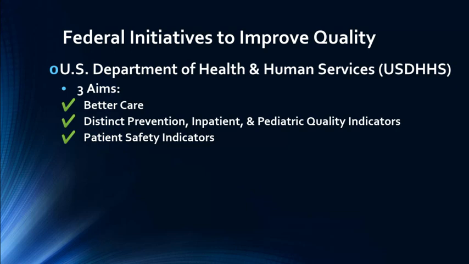There's healthy people, healthy communities, which is to improve the health of the U.S. population by supporting proven interventions to address behavioral, social, and environmental determinants of health in addition to delivering higher quality care. There's also affordable care, which is reducing the cost of quality health care for individuals, families, employers, and the government. So there are developed indicators of high quality care and measures.